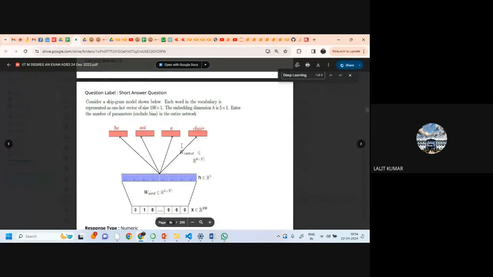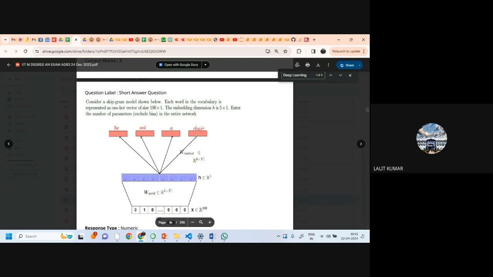So this is a question about the skip gram. Like I covered, we are feeding one word, and each word in the vocabulary is represented as a one hot vector of size 100 into 1. The embedding dimension h is 5 into 1, the hidden layer. And now what we are predicting, we are maximizing the probability of 4 words.